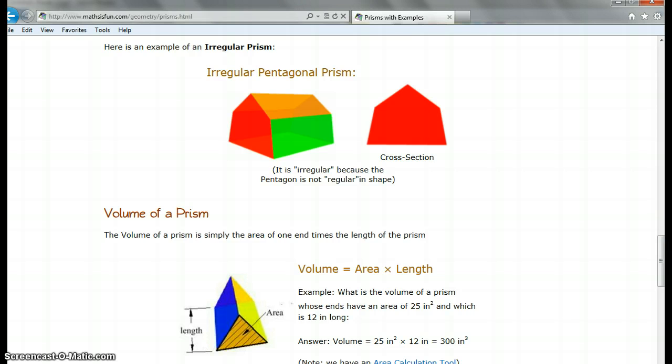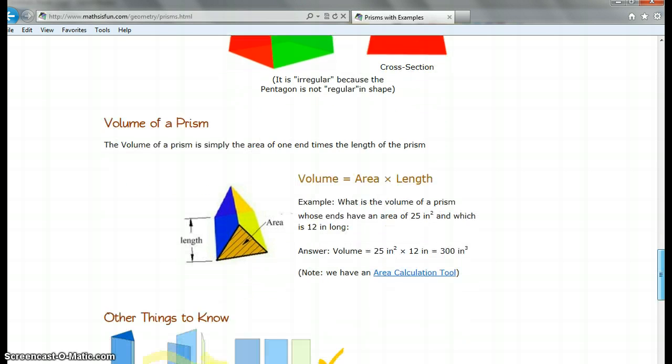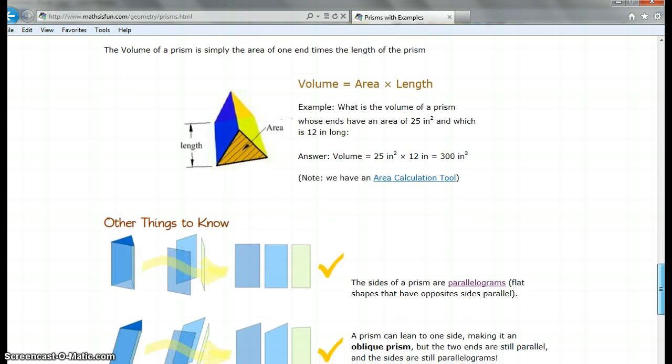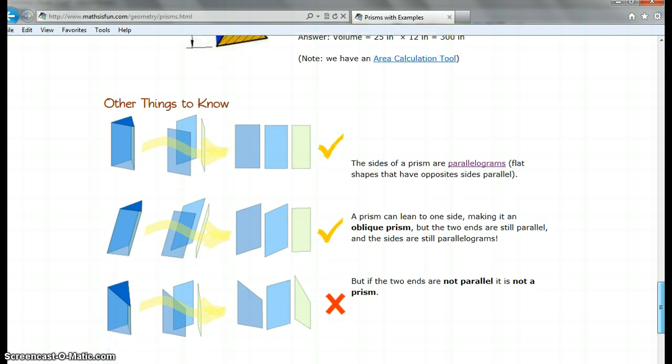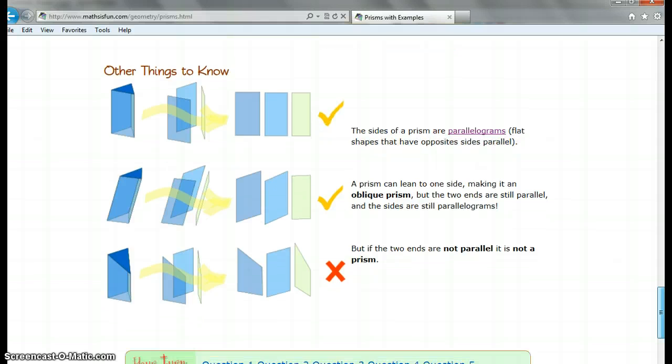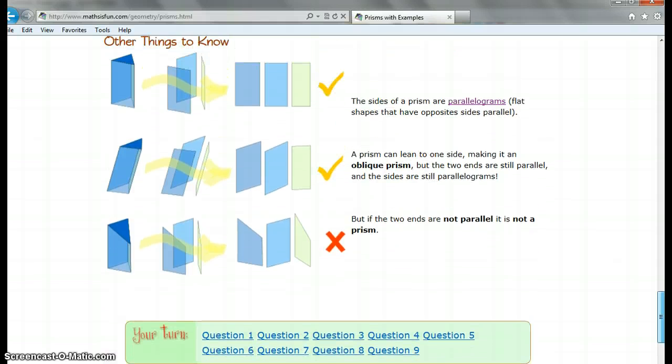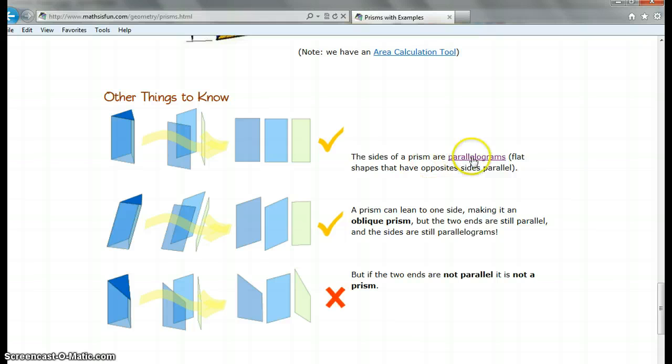So here we have the formula, volume of a prism. The volume of a prism is simply the area of one end times the length of the prism. And they actually have a calculation tool that you can use. So other things we should know. The sides of a prism are parallelograms, flat shapes that have opposite sides parallel.